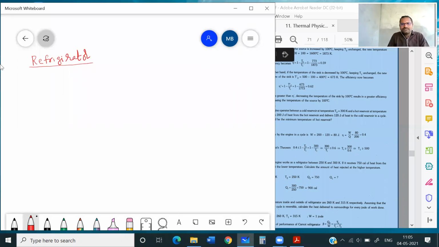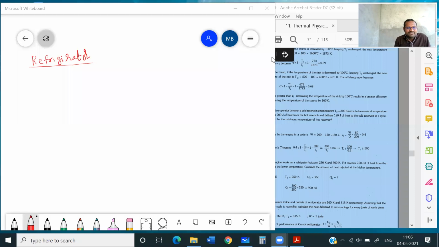Is it coming clearly, students? Yes, yes. Okay. Now, about the refrigerator we are discussing. See, in a refrigerator, what will happen?